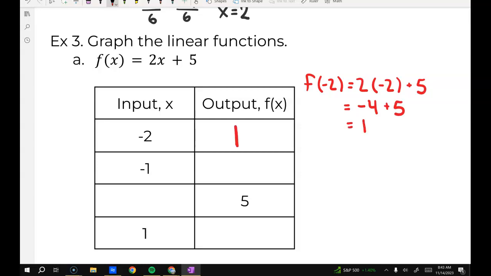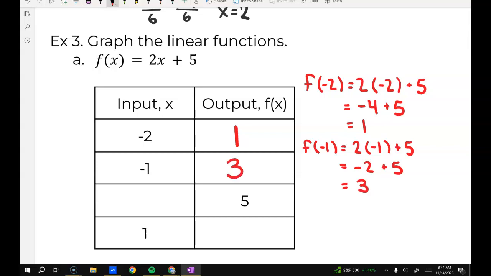So that will be my output, +1. If I do the same thing with f of -1, we get -2 plus 5, which would be a +3.